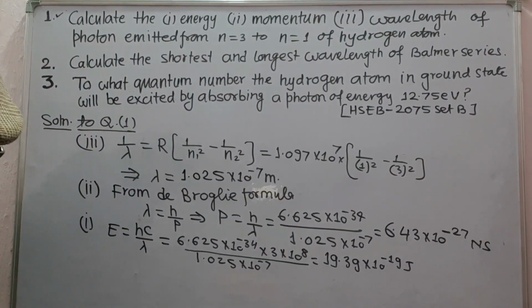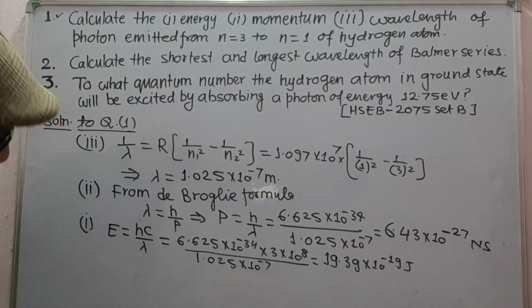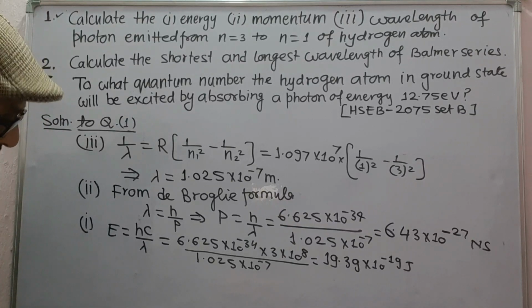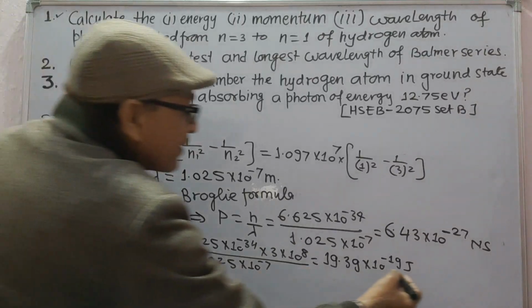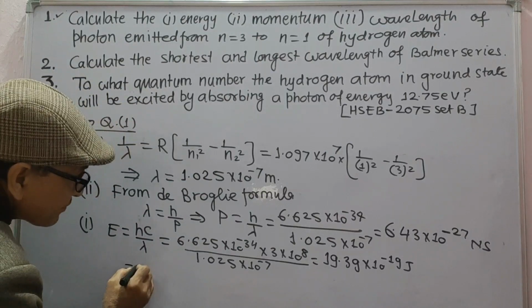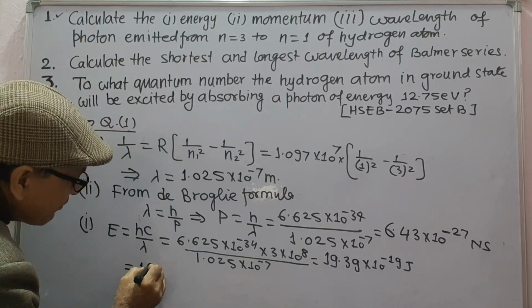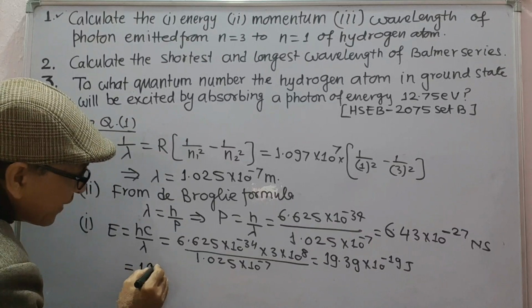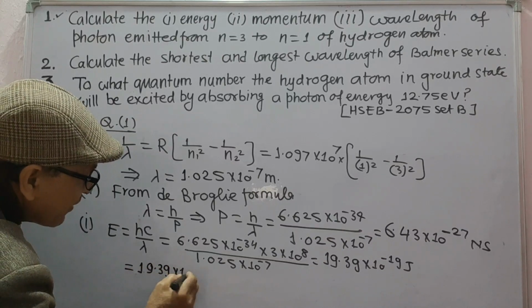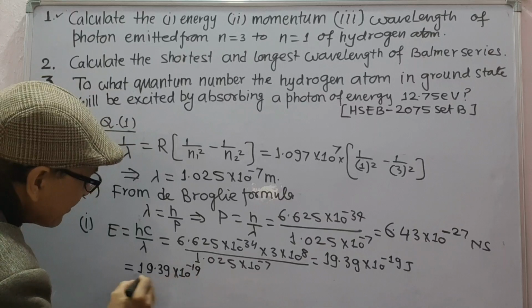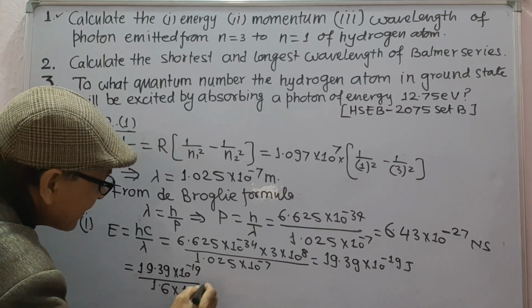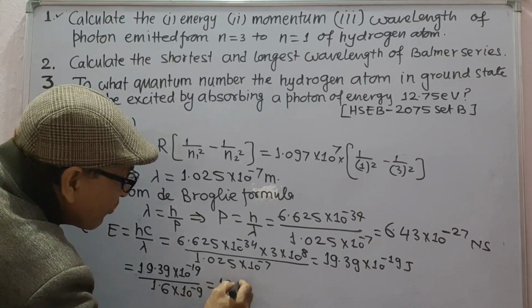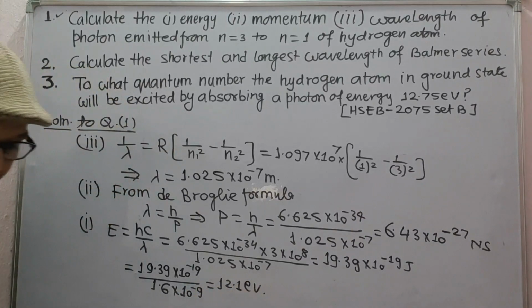And when it is divided by 1.6 into 10 to minus 19, it gives energy in electron volt. It will be 19.39 into 10 to minus 19 divided by 1.6 into 10 to minus 19, which is 12.1 electron volt.